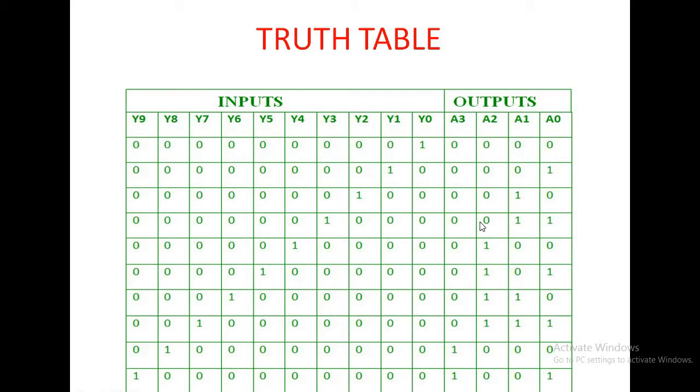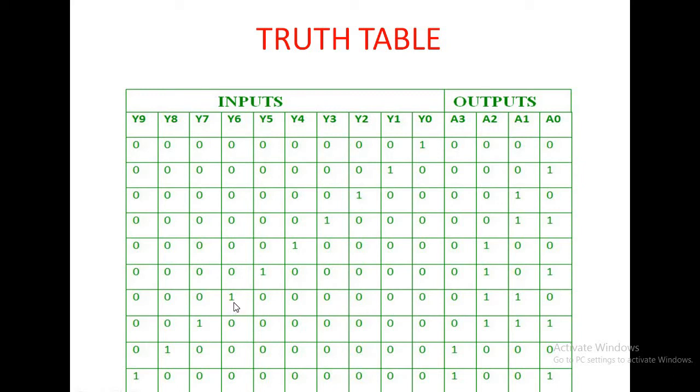Since Y3 is active, the output is 0011, as 3 means binary 11. In the next case, Y4 is active. Since Y4 is active and all other inputs are 0, the output is 0100. Why is it 100? Because Y4 is active and decimal 4 means binary 100. Next, Y5 is 1 and all other inputs are 0 and the output is 0101, because the binary equivalent of 5 is 101.